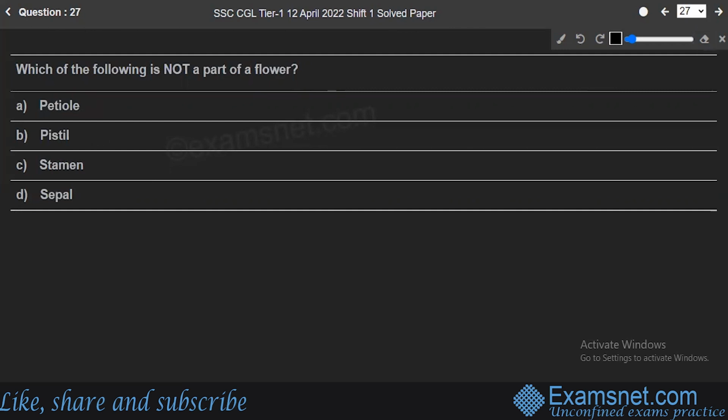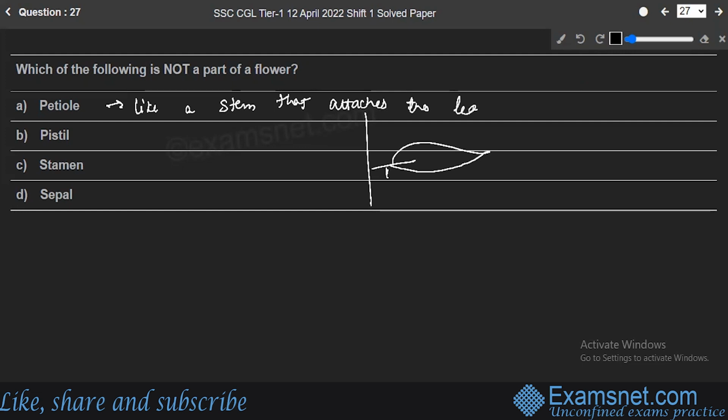See, petiole is like a stem that attaches the leaf blade to the stem. Right? So petiole is that part. This is the petiole part. Petiole is like a stem that attaches the leaf blade to the stem.